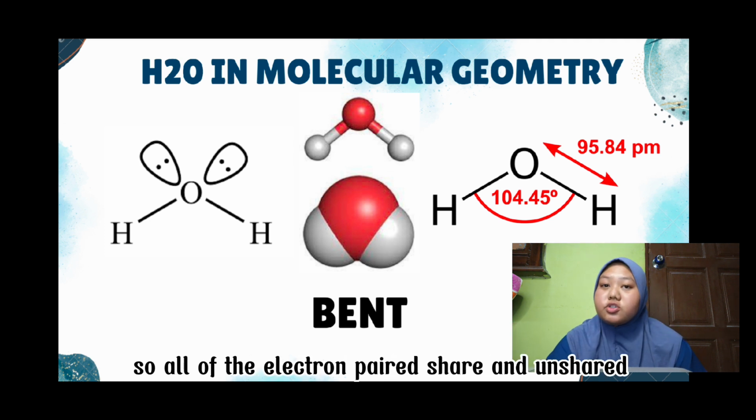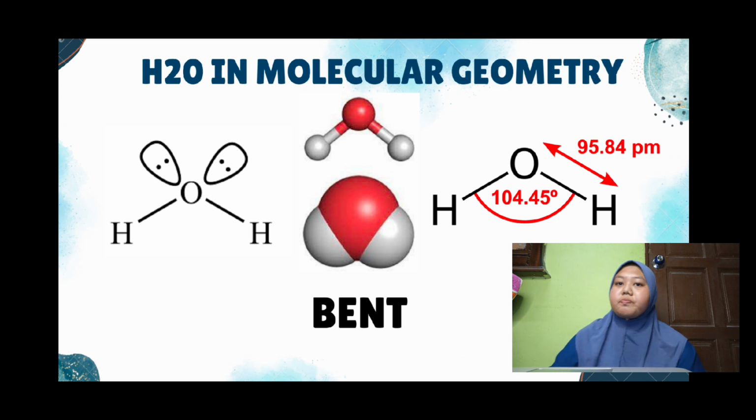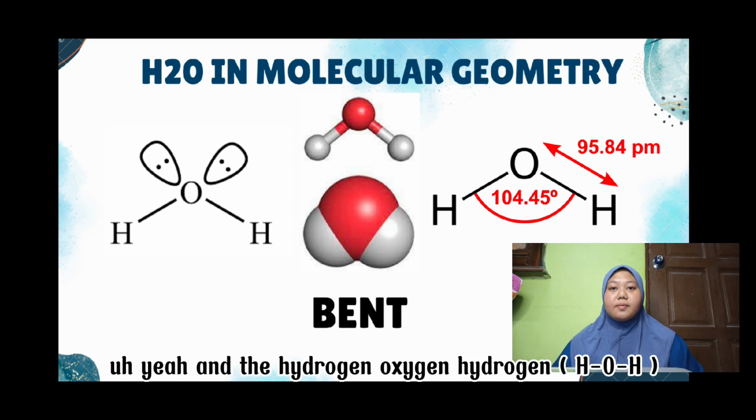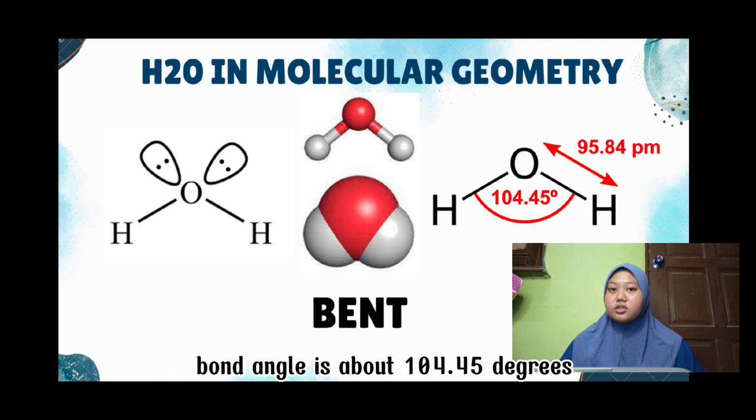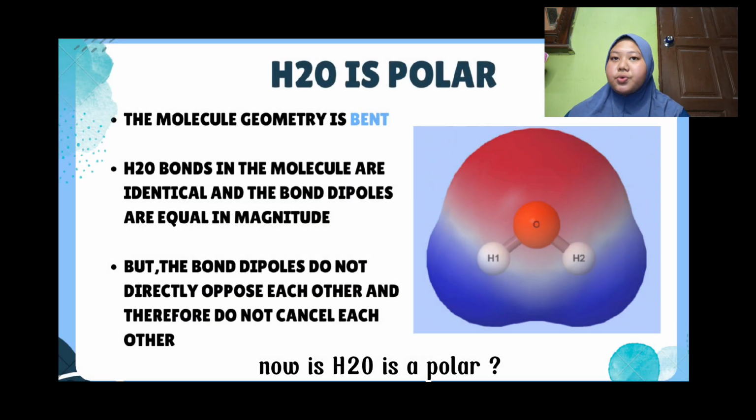So all of the shared and unshared electron pairs repel each other. And the hydrogen bond angle is about 104.45 degrees.